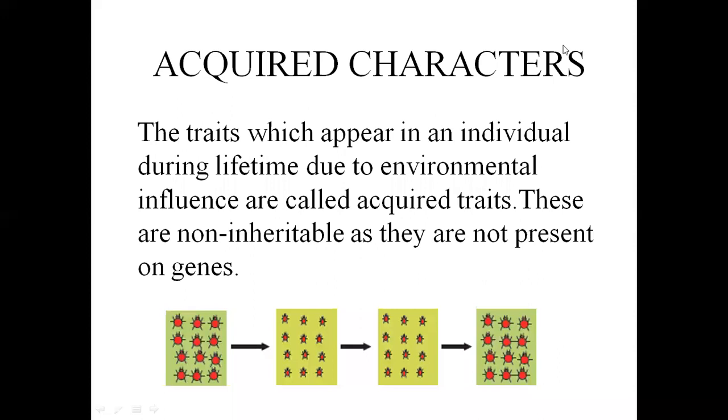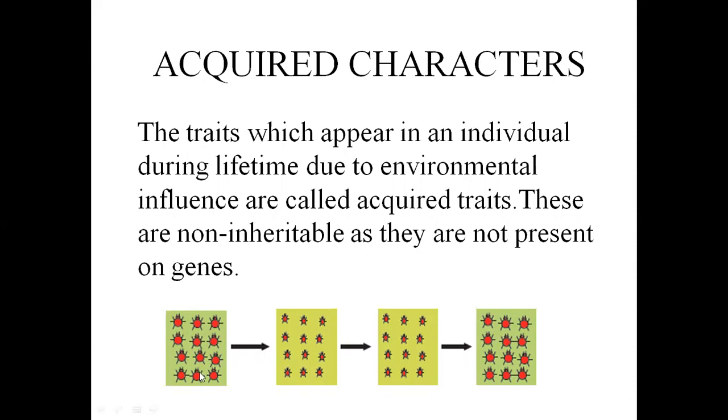Now let us consider the third situation. Suppose the bushes where the beetles are growing catch some disease, and there is a scarcity of food for the beetles, because the beetles were feeding on the bushes and now the bushes have dried up or the leaves are available in very small quantity.